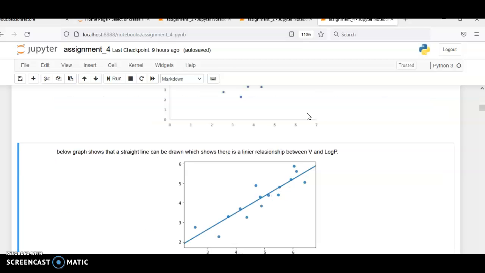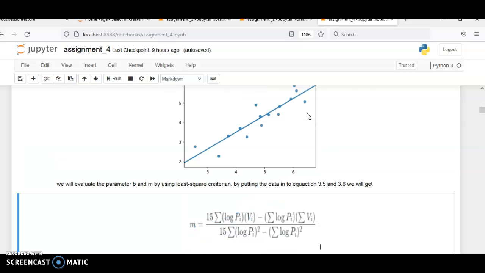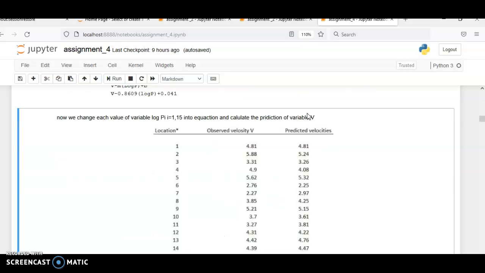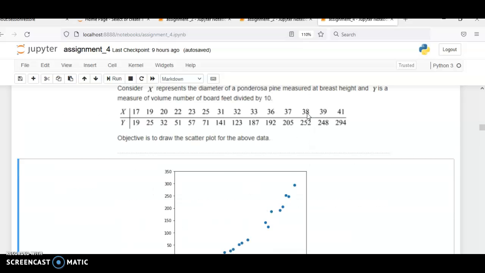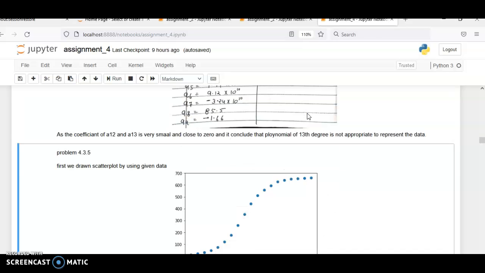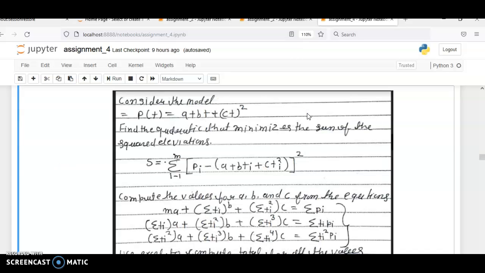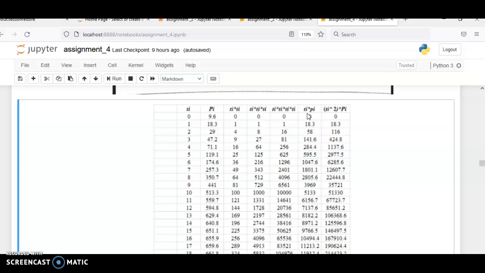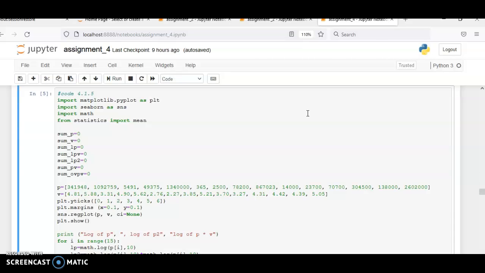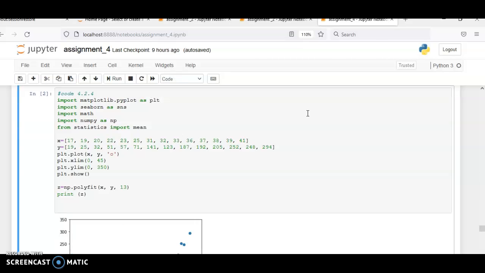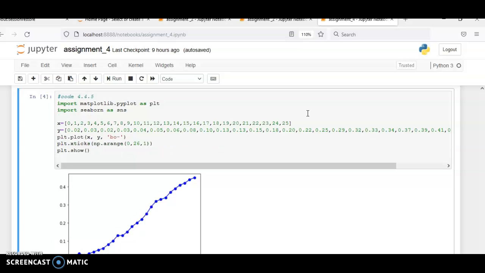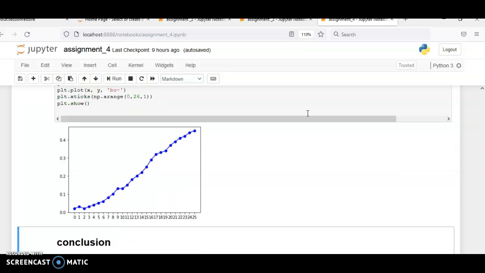In this section I'm providing how to solve the problem and some tables, so you can easily understand what is going on in the problem and how to generate the tables and results. After that, I'm providing the code which I explained earlier.